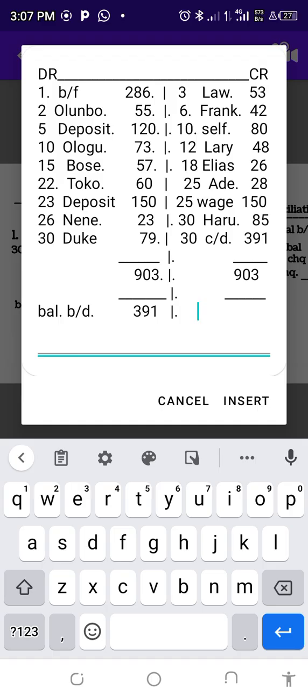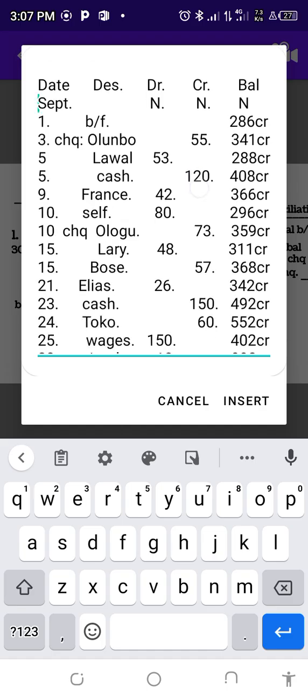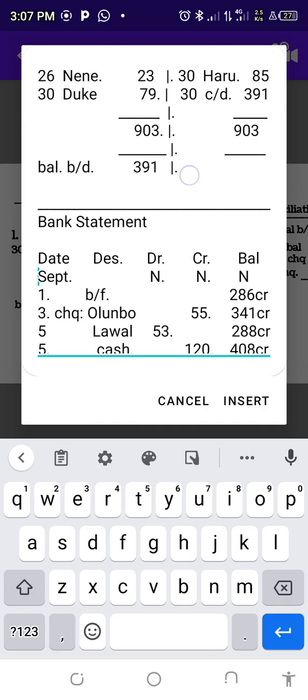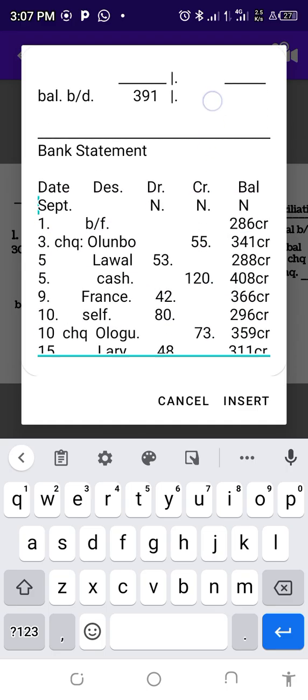unpresented cheque, because this cheque here has been issued, so it's supposed to be on the credit side of the bank balance. But if any is not there, that one is now unpresented cheque. So let us see. 55 is there. 55 is there. Good. 120 is there.